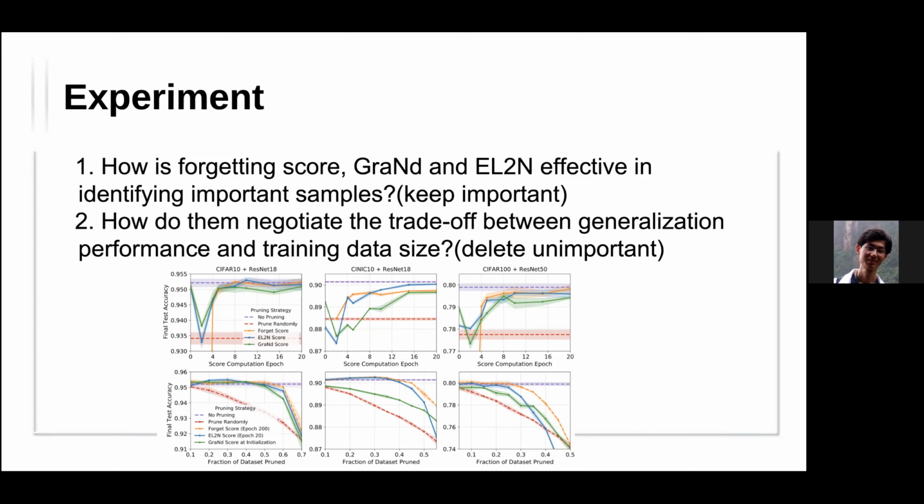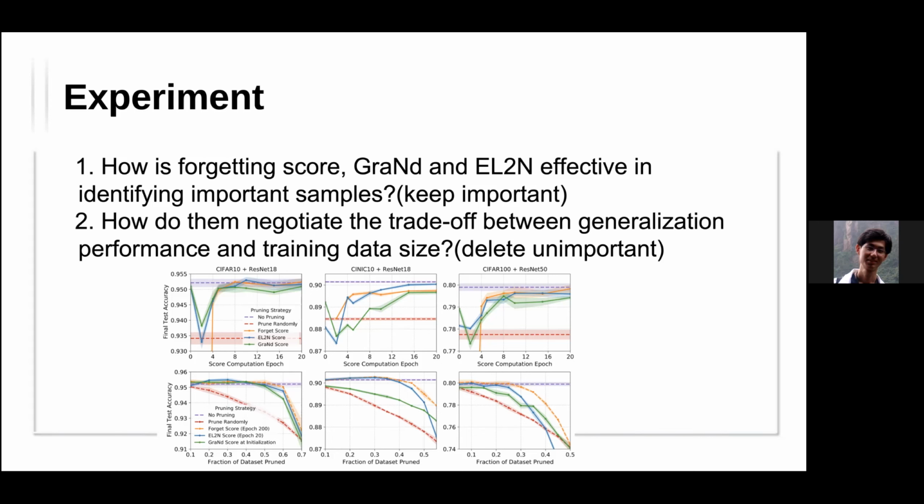Since the gradient score is calculated at initialization, the runtime cost is just about calculating the gradients, right? So for back propagation. But for EL2N, we need to calculate 20 epochs multiple times, if I remember correctly. Which means that it needs to calculate the forward propagations and backward propagations for the first 20 epochs.